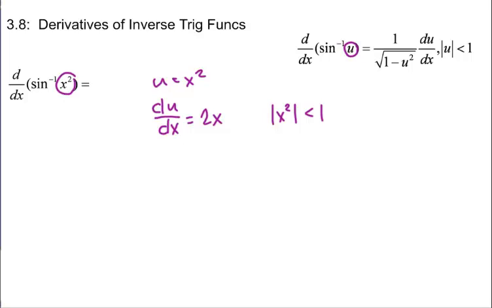All right, now set your pattern up here. So we're going to take 1 over the square root of one minus u squared, times du dx.